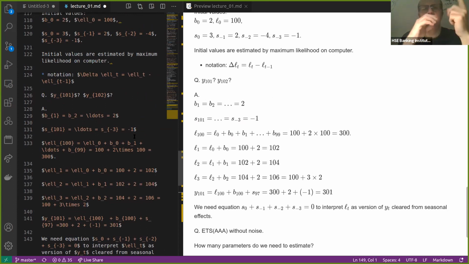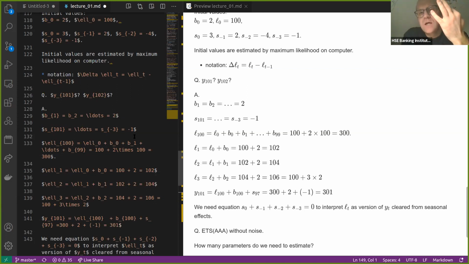How many parameters? 1, 2, 3, 4, 5. How many initial values do we need to completely specify the behavior? Wesley, can you just count? Just take your fingers.